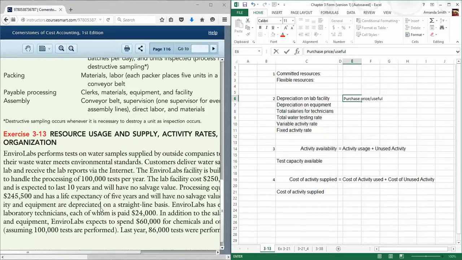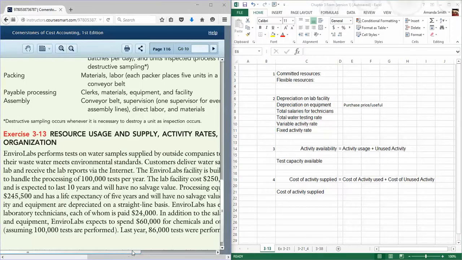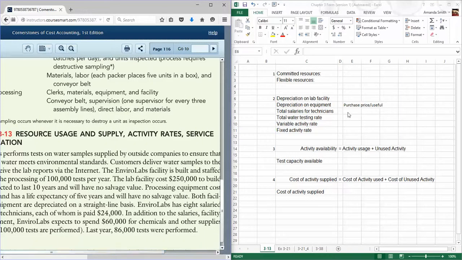So let me move that formula down so you can see what exactly I'm doing. For the depreciation on lab facility, it's going to be the lab facility cost $250,000 and the useful life is 10 years. So that's how you're going to find the depreciation on the lab facility.